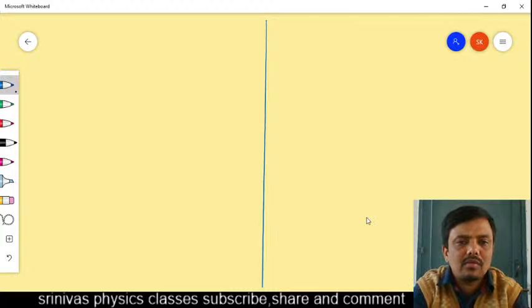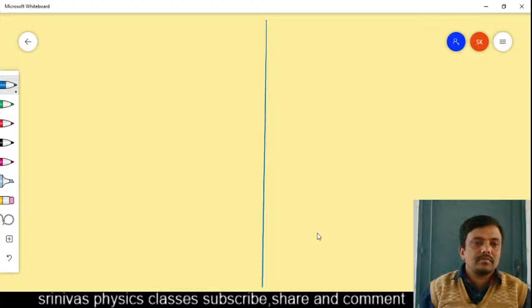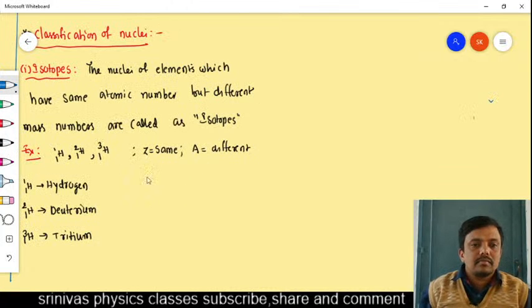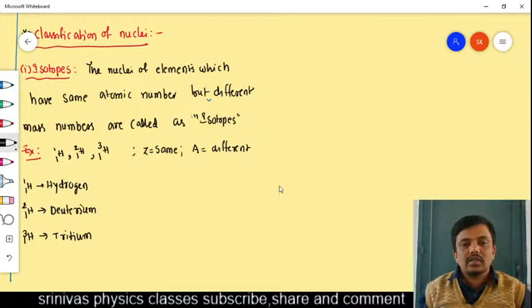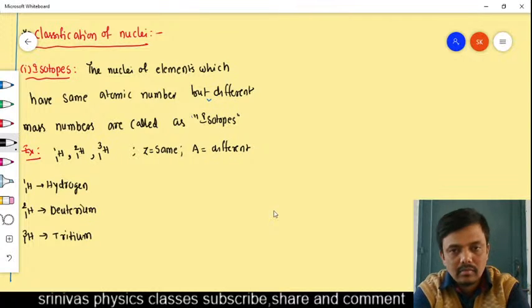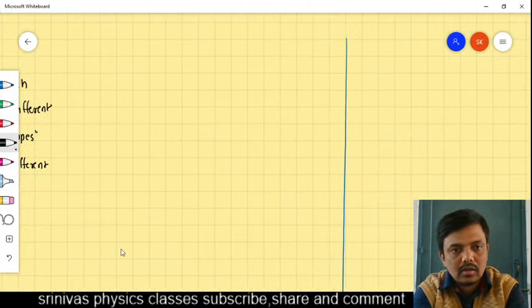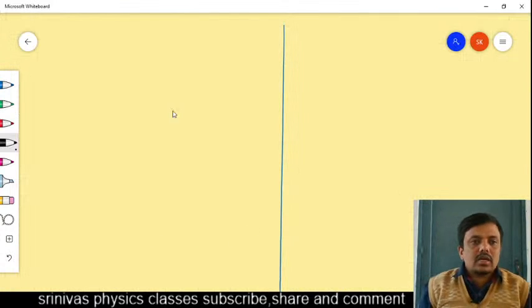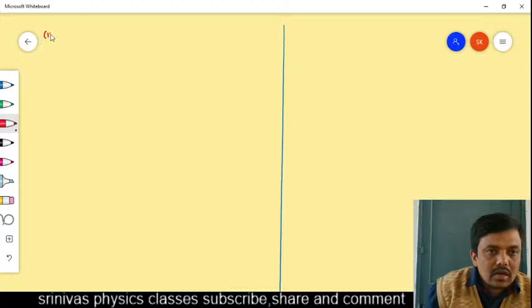If you want, I will give all types of classification here. The first one, isotopes, is completed, and the second one is isobars.